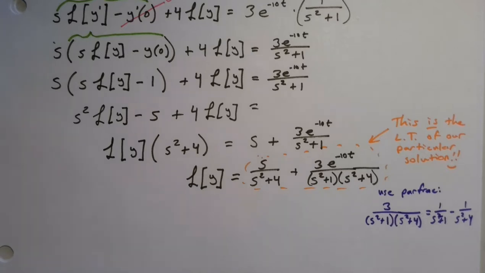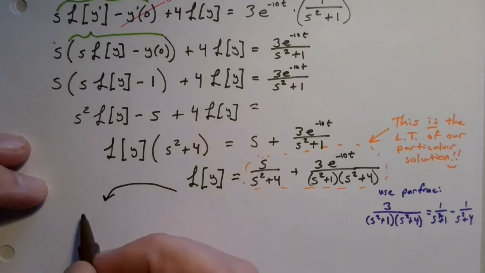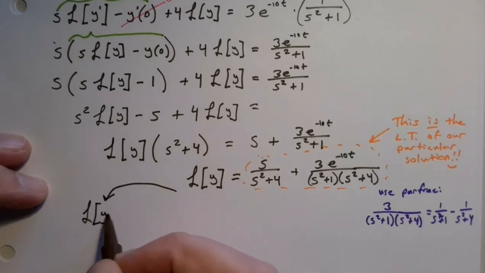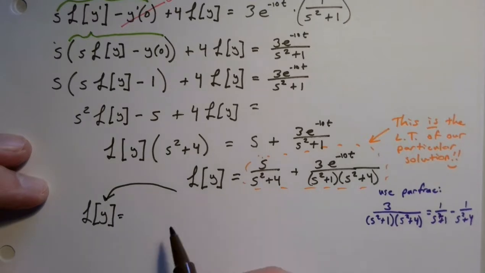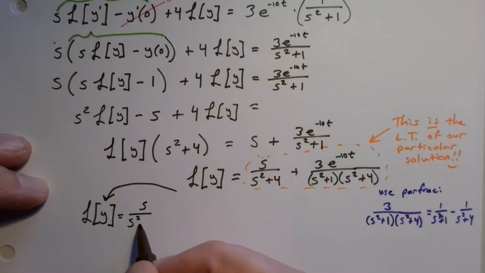So that means, continuing, that the Laplace transform of the solution to this differential equation initial value problem is s over s squared plus 4, and we already know what that is. We talked about that.